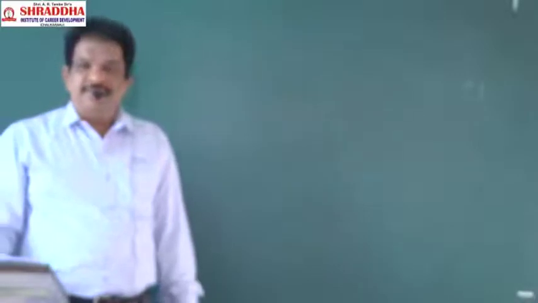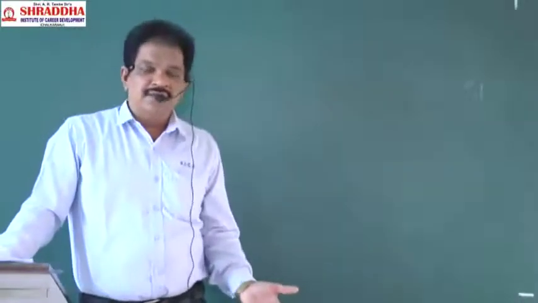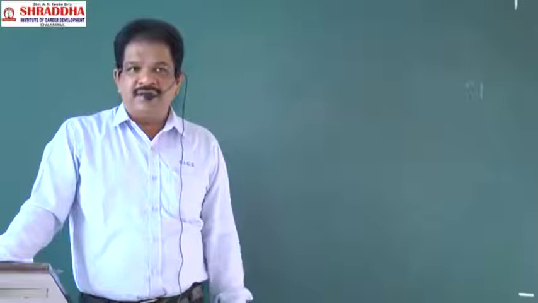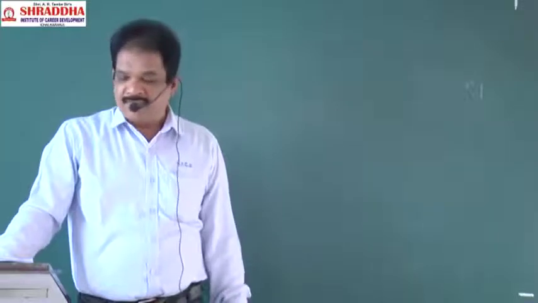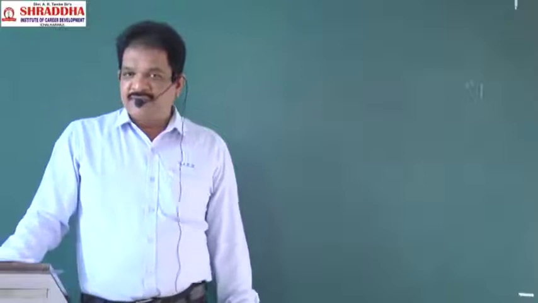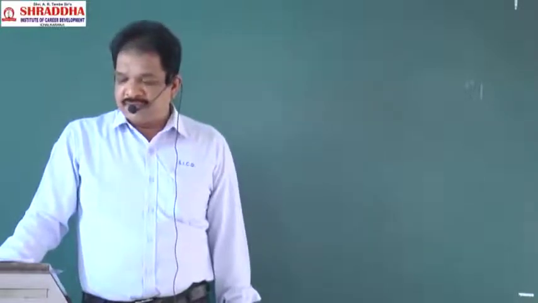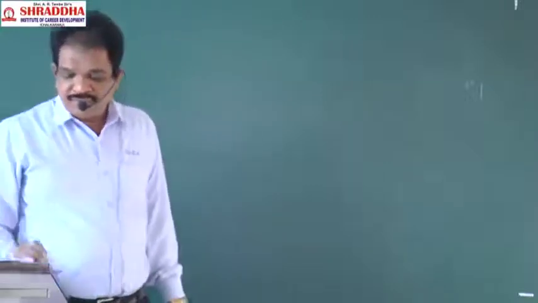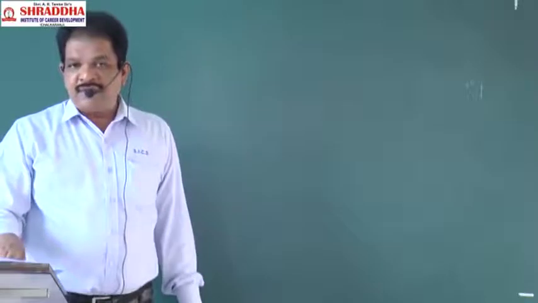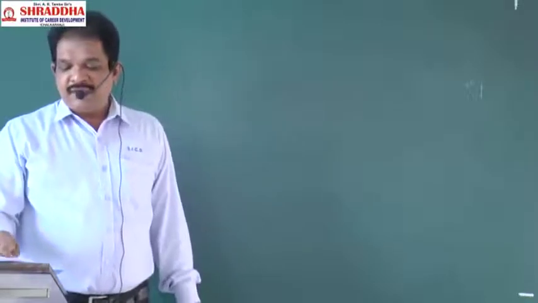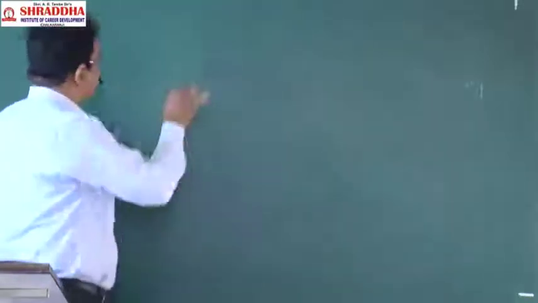Relative velocity means change in the velocity, and velocity will have dimensions. So that value will be LT power minus 1. Refractive index is not having any dimensions. Relative density is also not having any dimensions. 45 is dimensional variable. Relative velocity will be dimensional variable.